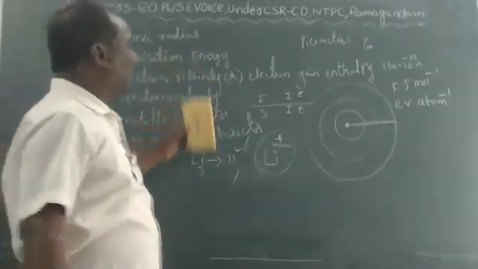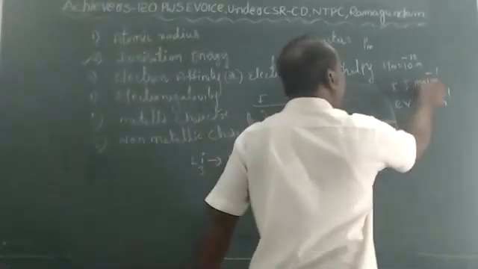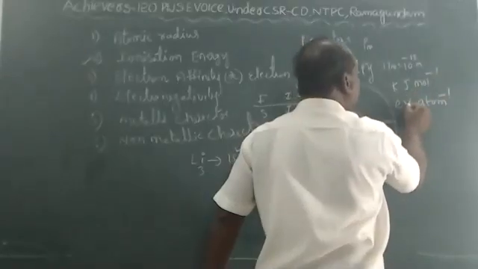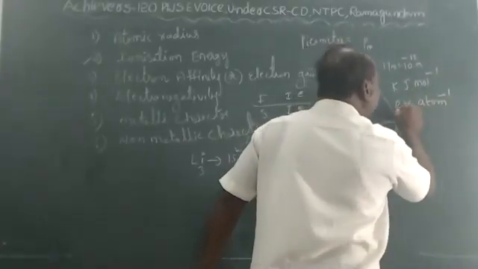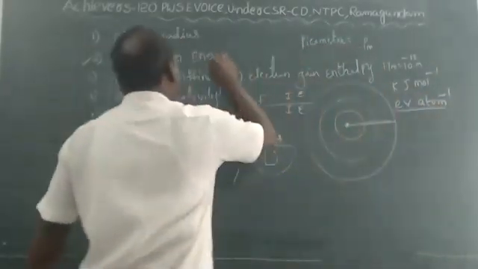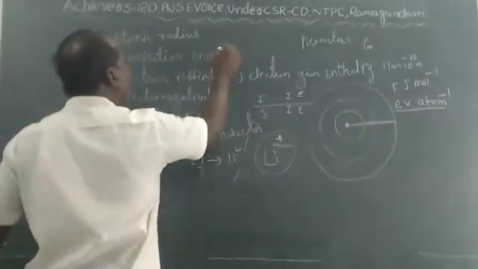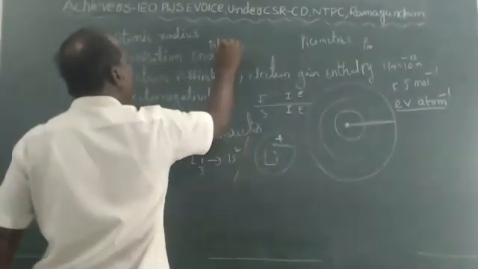Ionization energy is measured in kilojoules per mole or electron volt per atom. These units we have to use when we use the term potential.